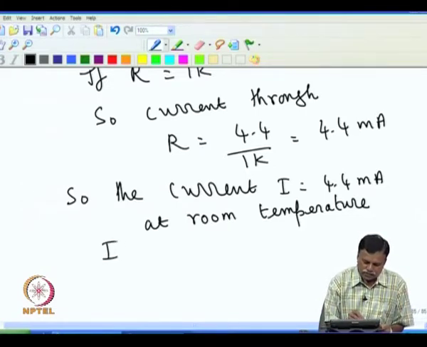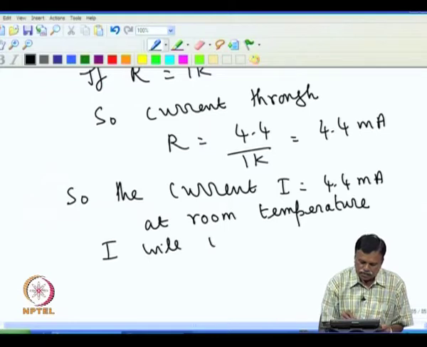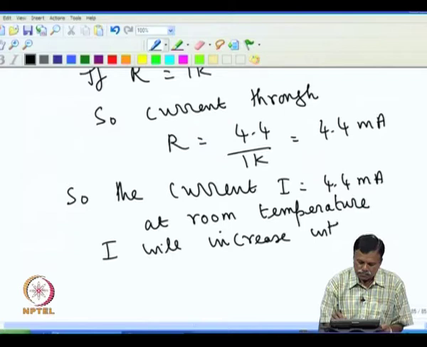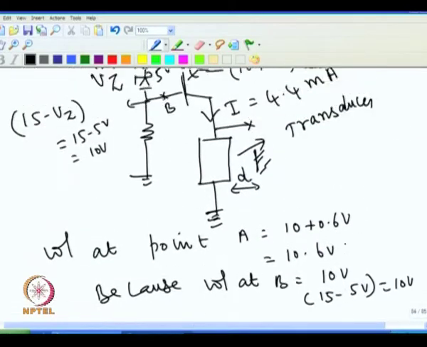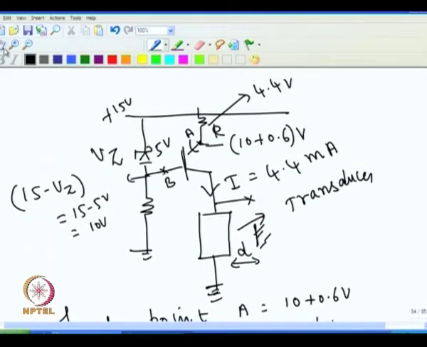Here temperature means ambient temperature. When ambient temperature changes, the temperature of the transistor also changes, and this current I increases. That is because the base emitter voltage decreases with the increase in temperature.